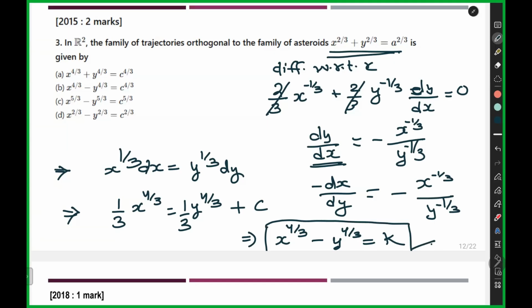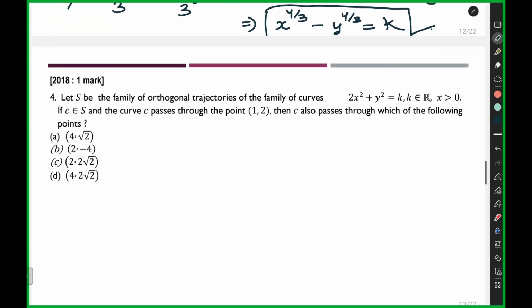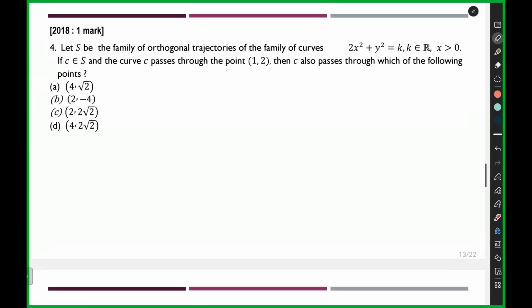So here the correct option is B. Is this question clear to everyone? Yes, sir. Fine.